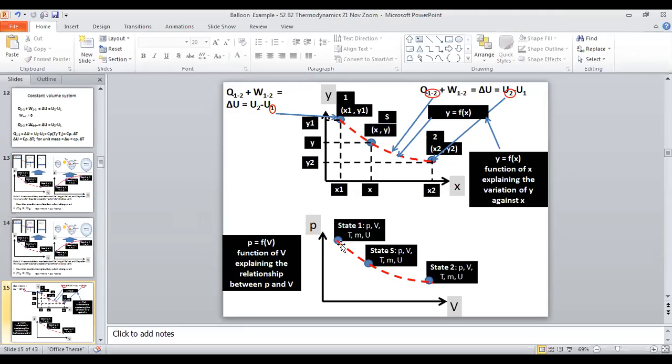Again, from 1 to 2, you can see 1, 2. The state 1 is this. State 2 is this. And whatever the expressions here are relevant between 1 and 2.